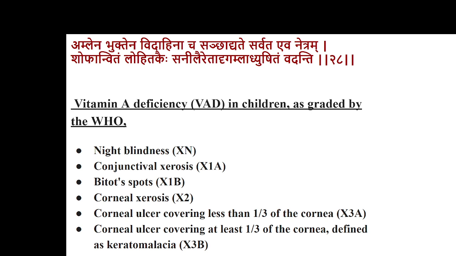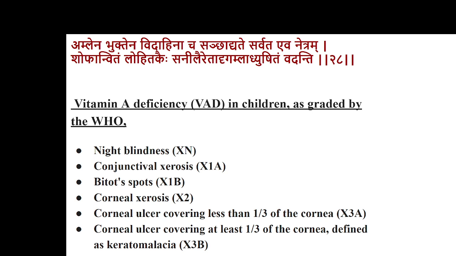Then comes the amladhyushita. Amladhyushita is "amlena bhuktena vidahina cha sanchhadyate sarvata eva netram shophanvitam lohitakaih sanilaih tadrik amladhyushitam vadanti." Amladhyushita is obviously due to a dietary deficiency, because the person consumes amlabhukta, food where sour taste is more common or more content.